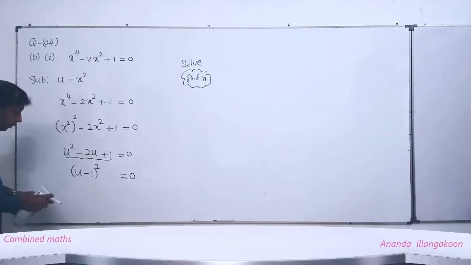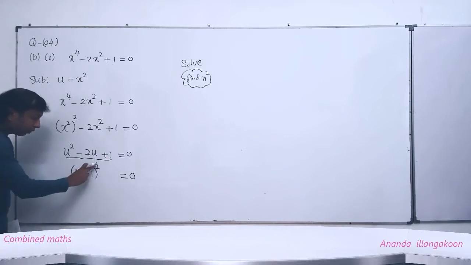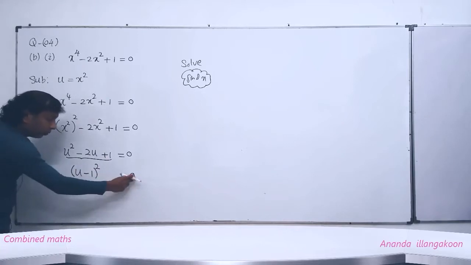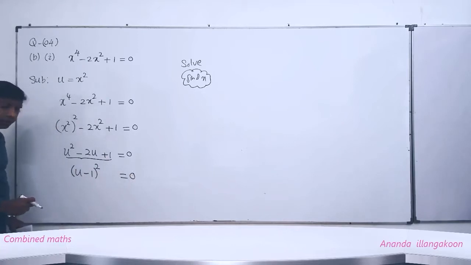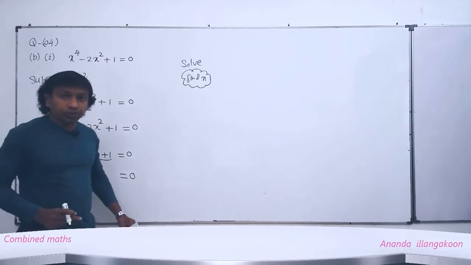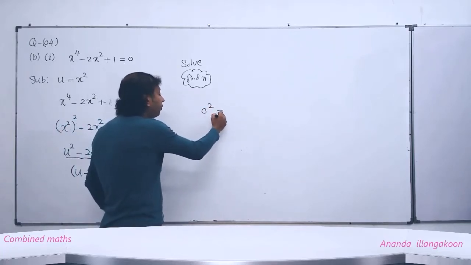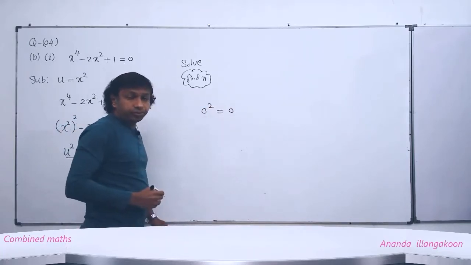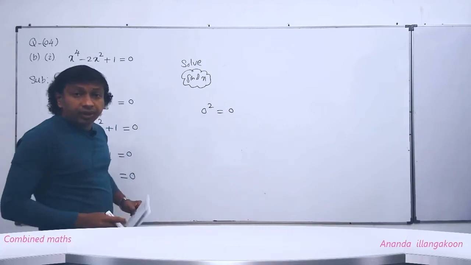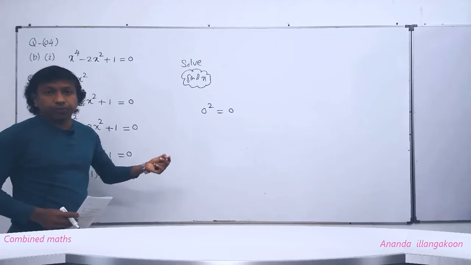Now this u minus 1 perfect squared should be equal to 0. For the perfect square of this u minus 1 to be 0, definitely u minus 1 should be equal to 0. Of any other real number, perfect square is positive.